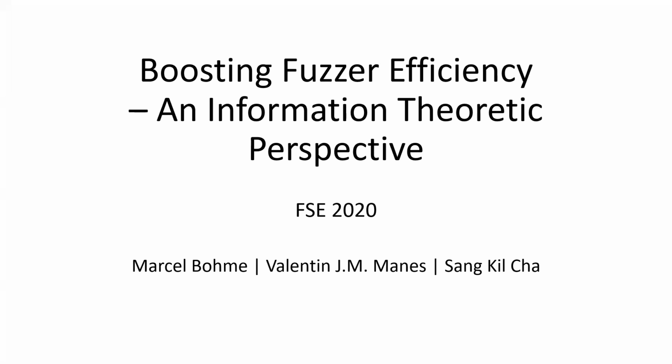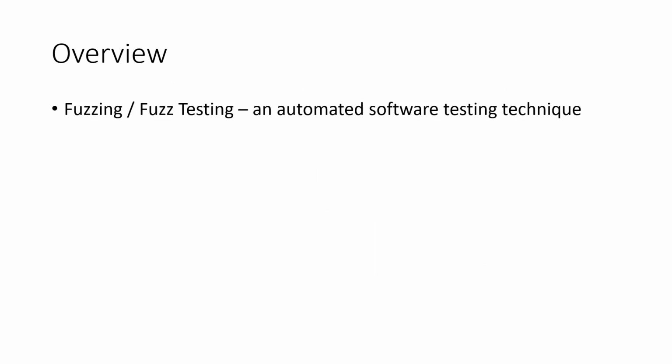Yep. Okay, so this paper is called Boosting Fuzzer Efficiency, and they are doing so using an information-theoretic perspective. So just an overview on fuzzing. It's also known as fuzz testing, which is one automated software testing technique.